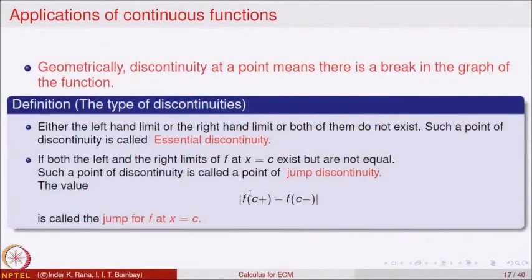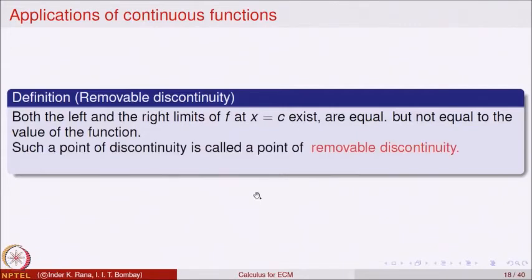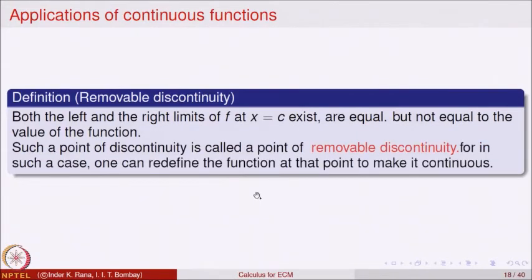The second is the jump discontinuity, where both the left and the right limit exist, but are not equal. The third is the removable discontinuity, where the left limit is equal to the right limit, but not equal to the value of the function at that point.